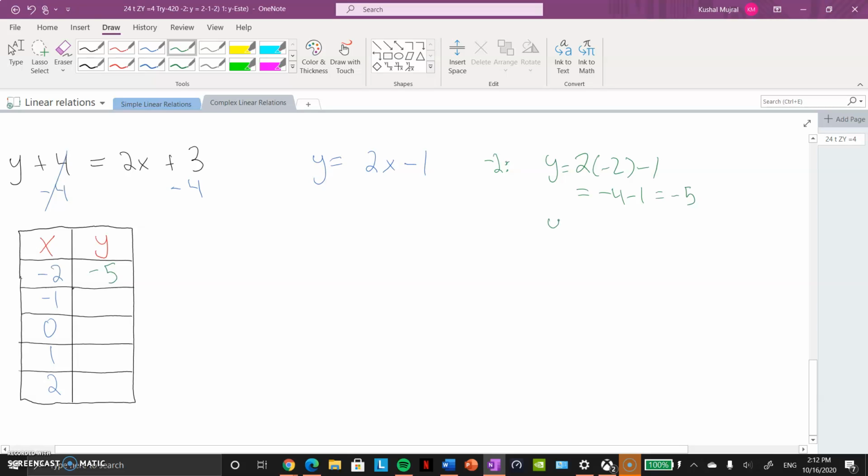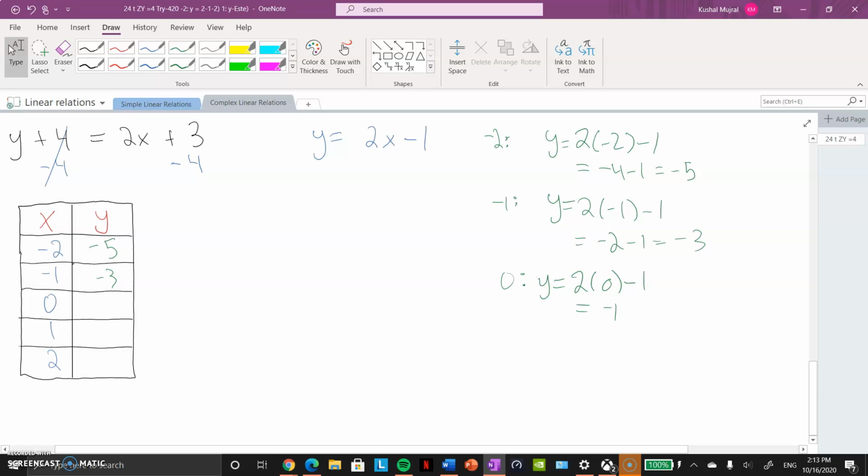Now let's look at the next one. y equals 2 times -1 minus 1, which is -2 minus 1, which is -3. So we write -3 over here. Let's take a look at 0. y equals 2 times 0 minus 1, which is negative 1. Let's write negative 1 here as well.